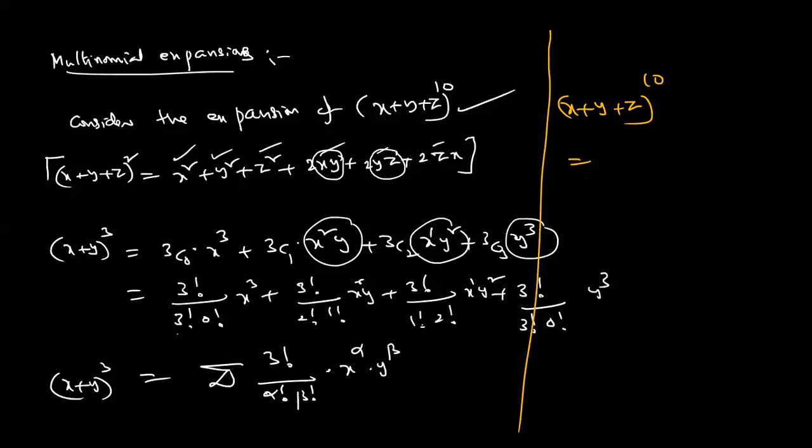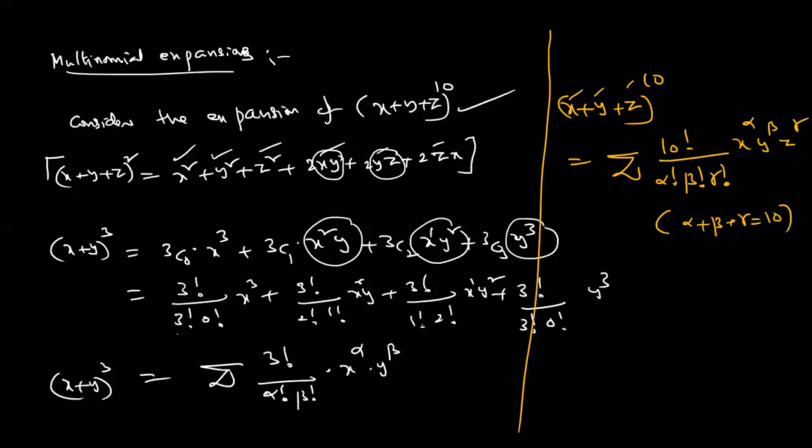Sum of the coefficients, I'm writing all the terms. What is the formula? Sigma 10 factorial by alpha factorial, beta factorial, gamma factorial, into x power alpha, y power beta, z power gamma. In this case, alpha plus beta plus gamma is always 10 only.